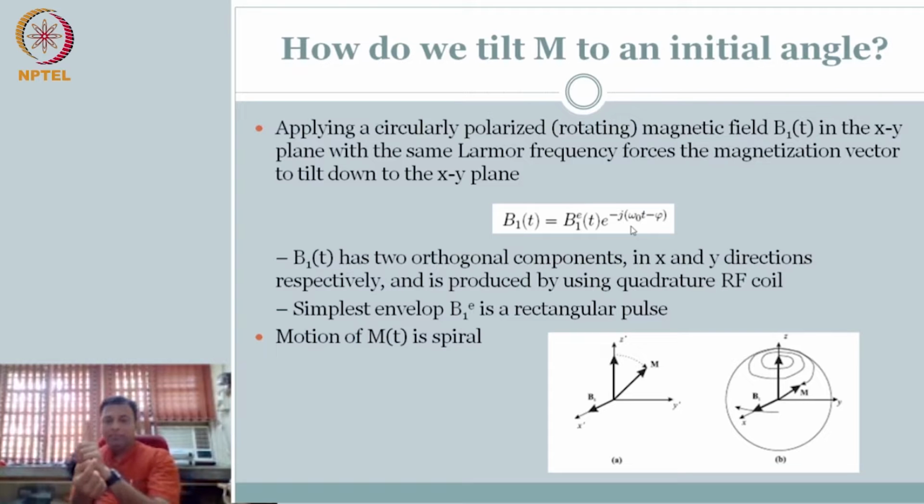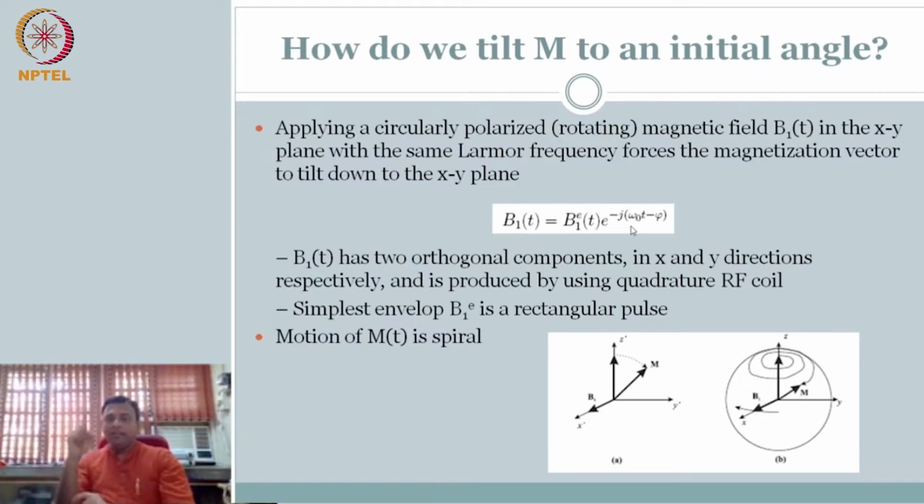So you have M. If I apply my B1 in X dash, what should happen? So I have a vector in Z dash. I am applying another magnetic field in X dash. So where should be the motion of the M? It has to rotate around B1, or rotate around the X dash axis. That means it has to move from Z dash to Y dash, right?